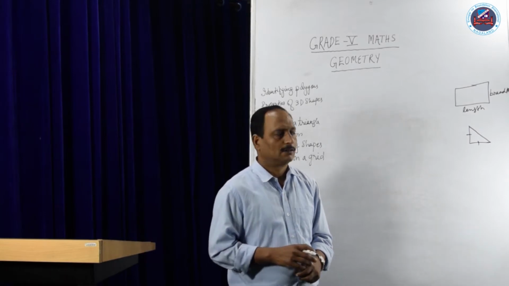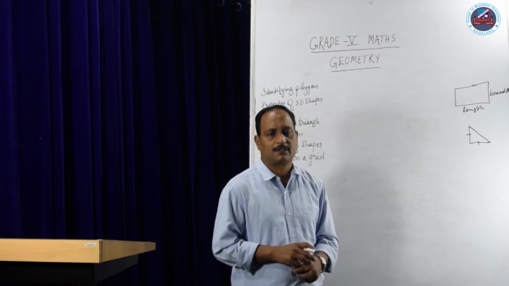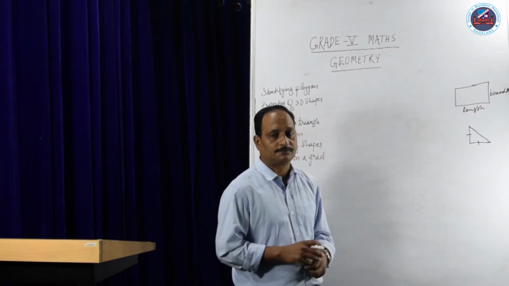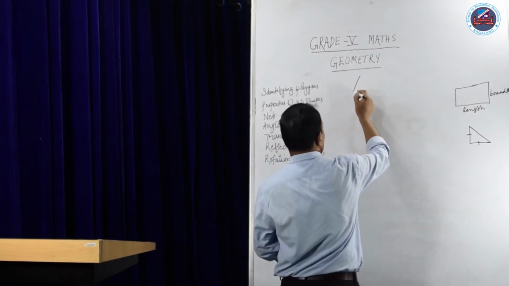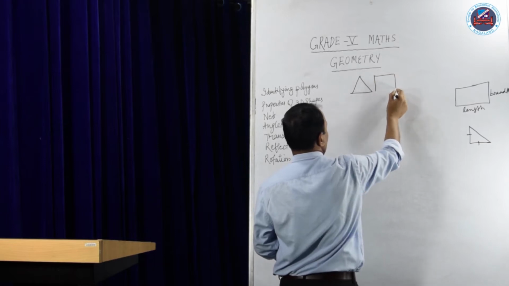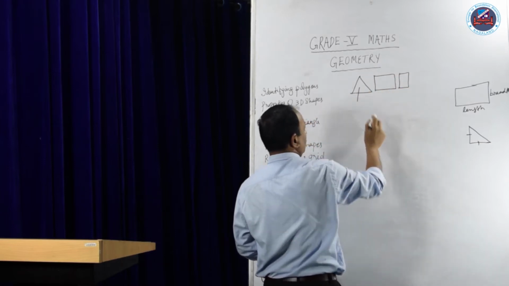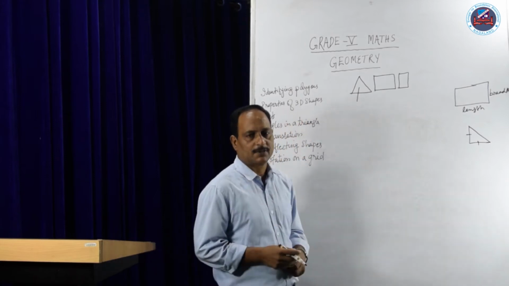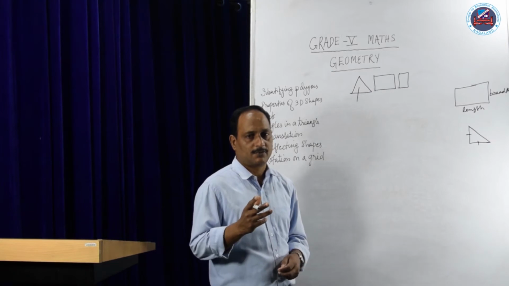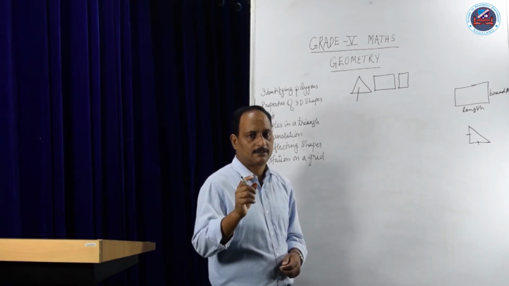Now let us talk about some shapes. What are the shapes in a polygon? Suppose take this rectangle shape, triangle, rectangle, square. Triangle means three-sided shape. Quadrilateral means four-sided shape. Only four sides. Length and breadth.